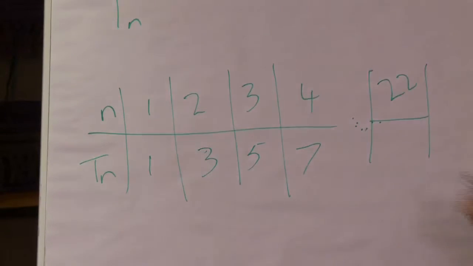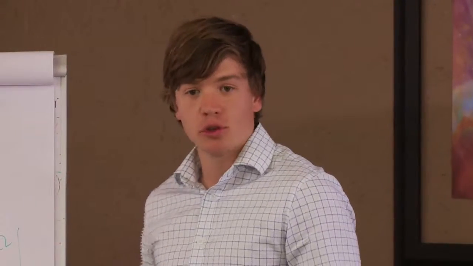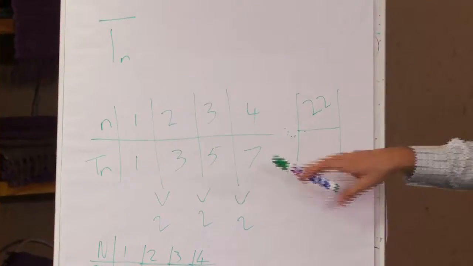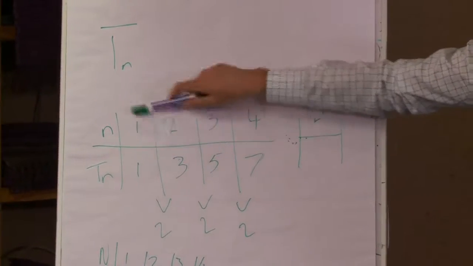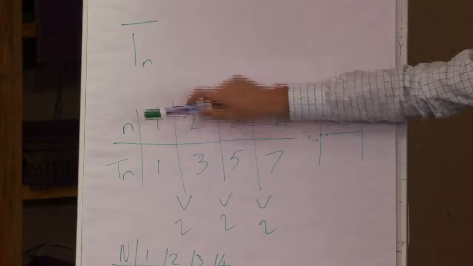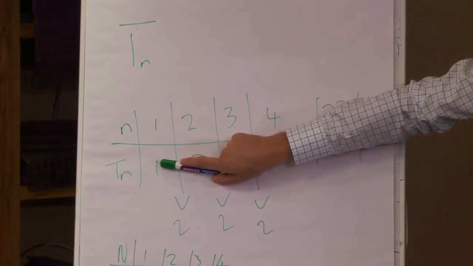You guys have already told me that these terms have a difference of 2 between them. So we're trying to work out how we can use the fact that there's a difference of 2 between each of these terms to get from the top numbers to the bottom numbers. To get from term 1 to 1, what can we do?